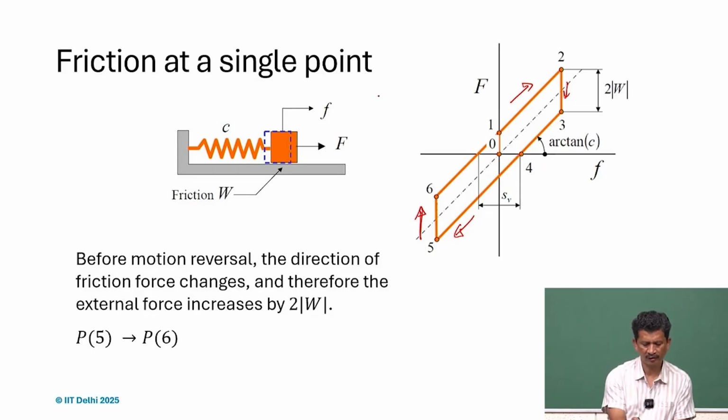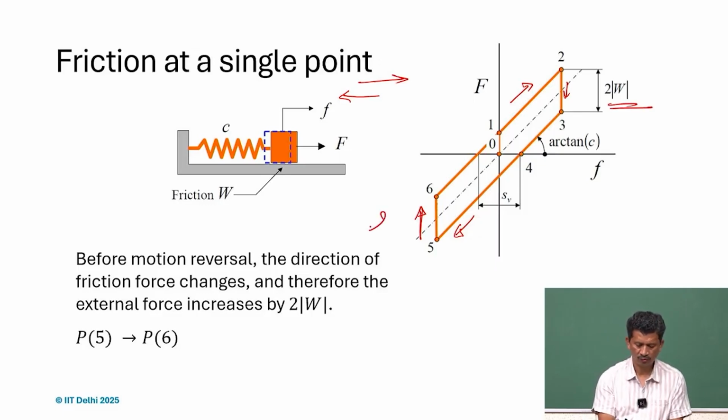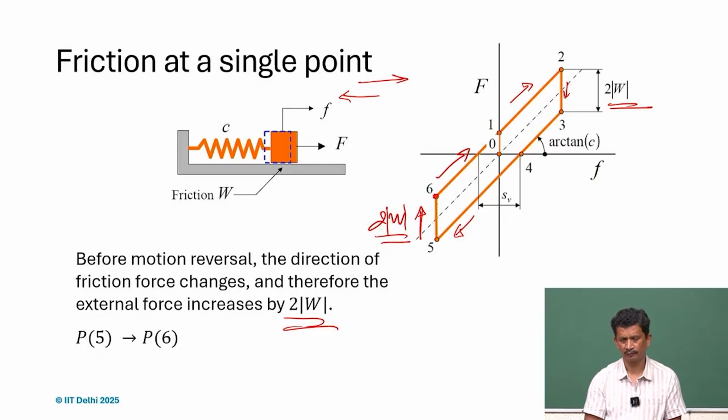Now from left, it tries to move towards right. So again 2W term will come into the picture. So it will increase, and when we reach 6, then only it will start moving this way.